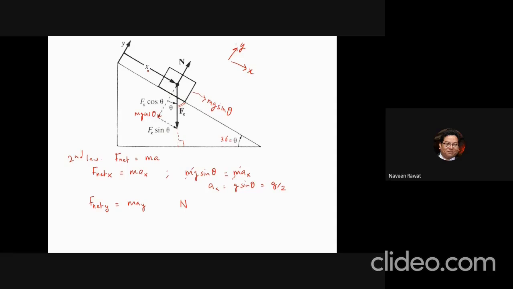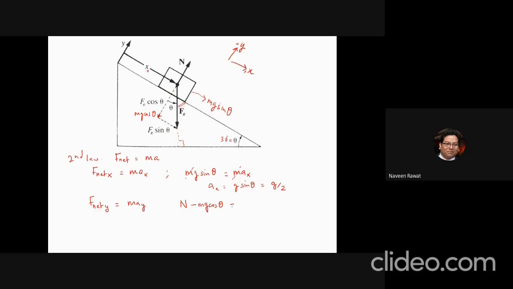We said y is positive, so we have to write minus mg cos theta. Remember, net force is the sum of all forces, but we are not adding mg cos theta because it is in the opposite direction, so we use a minus sign. This sign convention only works when you have defined what is the positive y and what is the positive x.